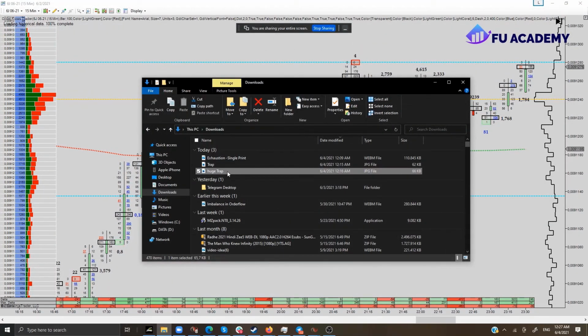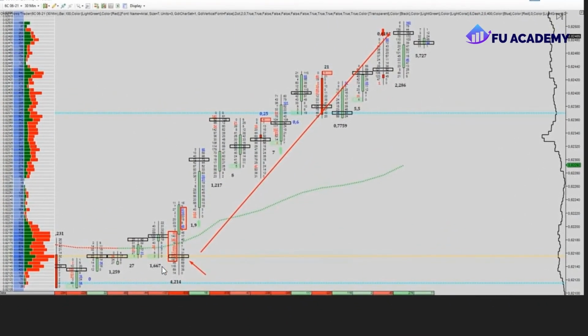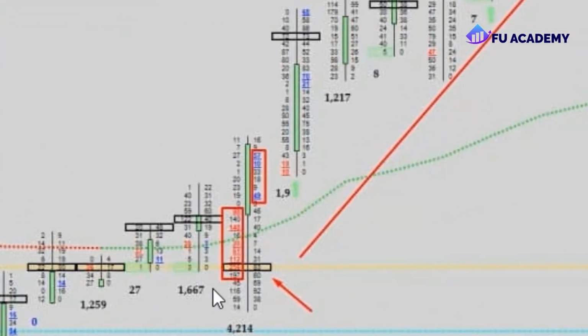Let's see this one. This one is also nice to see, a big picture. See the trap here. Huge trap, right? And these things happen at London Open or sometimes at New York Open. You are getting these numbers of traps. Maybe more than 800-900 contracts got trapped here on USD CAD.